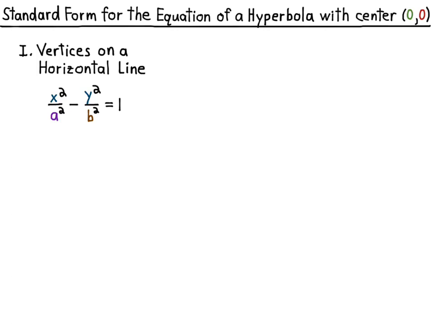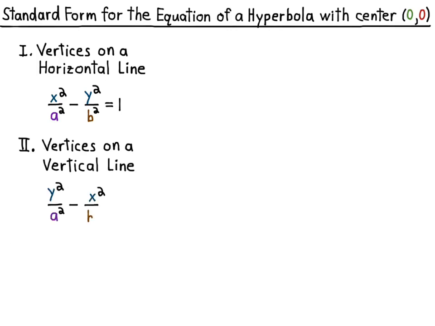Actually, every book seems to do this labeling of the a's and b's differently. I've seen at least 3 of the 4 possible permutations of which one you call a and which one you call b. What they're doing here is making a so that you always use a to find the vertices, whereas with the ellipse, you just use the bigger number.